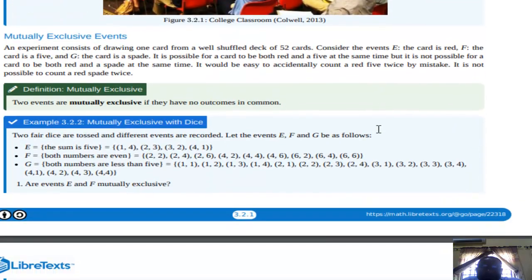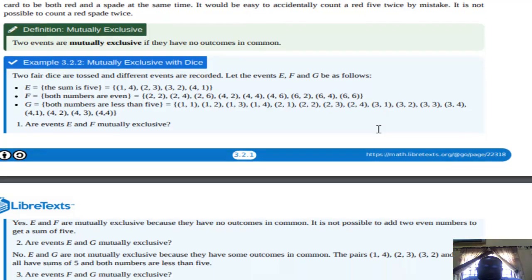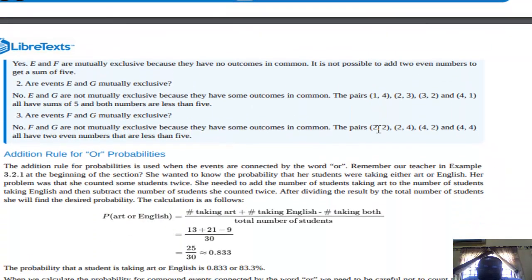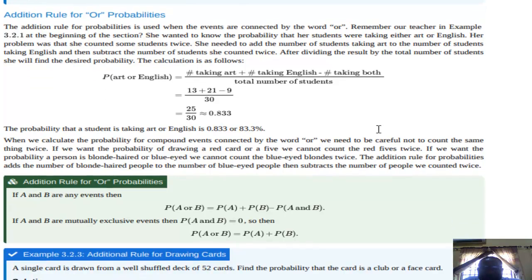Now, two events are mutually exclusive if they have no outcomes in common. When you want to find the probability of an event that involves two outcomes occurring, let's say A and B are any events, and you want to find the probability that A or B occurs.